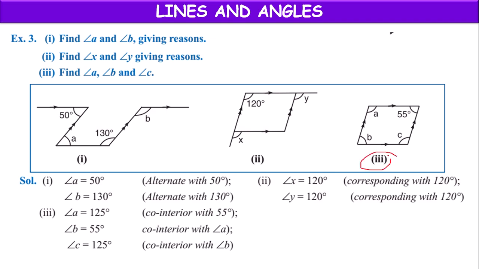Next, in figure 3, so these two lines are parallel. This is the transversal. So co-interior angles are supplementary. If A plus 55 is 180 degrees, A value will be 125 degrees. And A, B are corresponding angles.